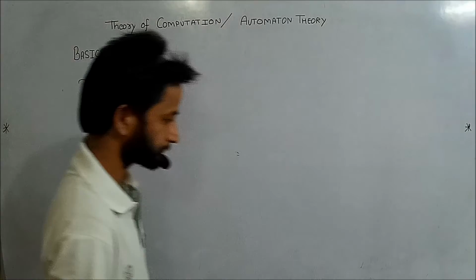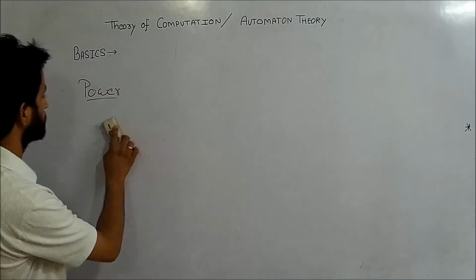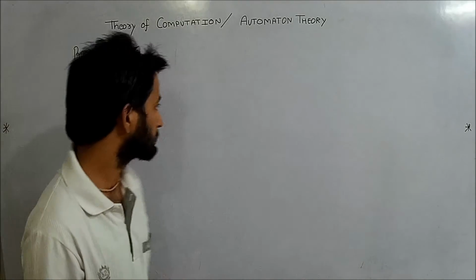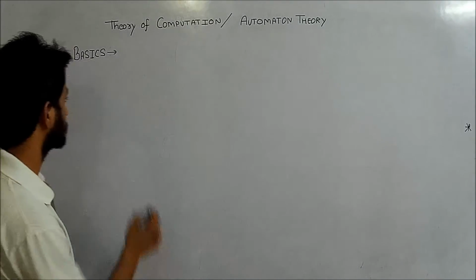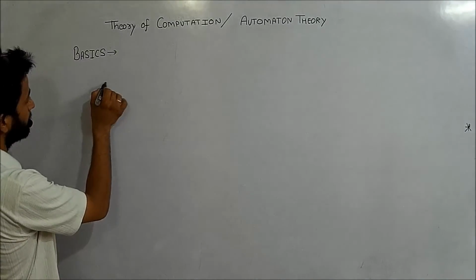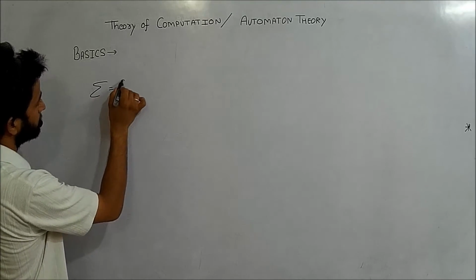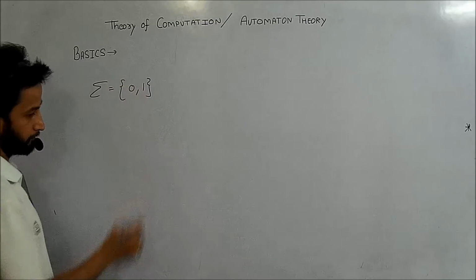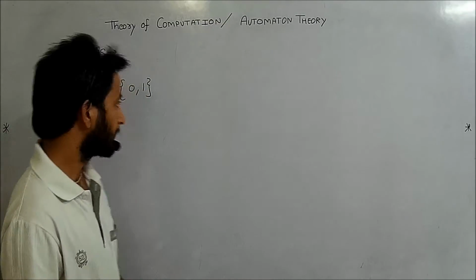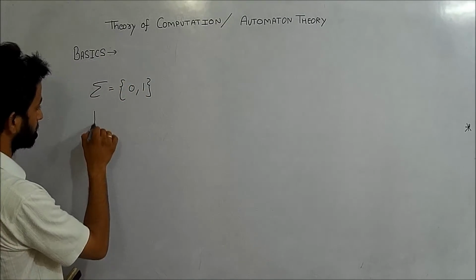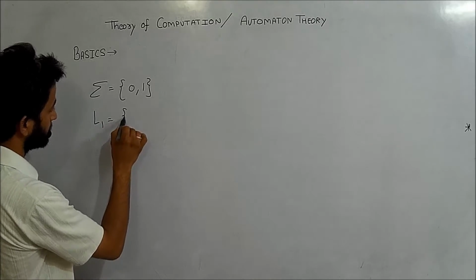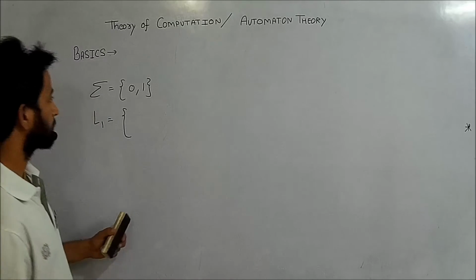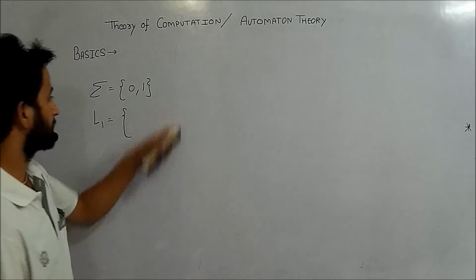Next topic. Let's understand it with the help of an example. I am having sigma equal to 0 and 1, and the language L1 says the set of all strings of length 2 over this alphabet.